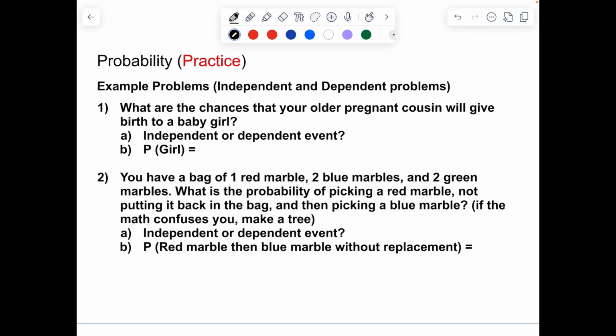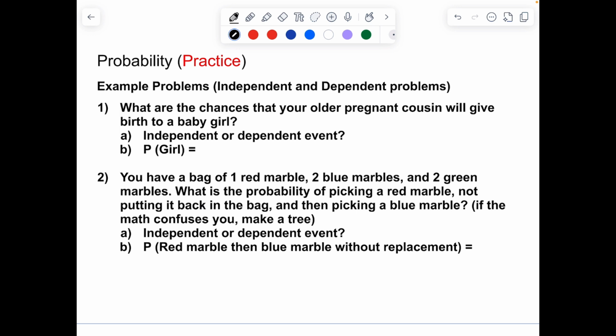Okay, we have some example problems here. So number 1, what are the chances that your older pregnant cousin will give birth to a baby girl? So is this an independent event or a dependent event? And then what is the probability of your cousin having a girl? Second problem is you have a bag of marbles, 1 red marble, 2 blue marbles, and 2 green marbles.